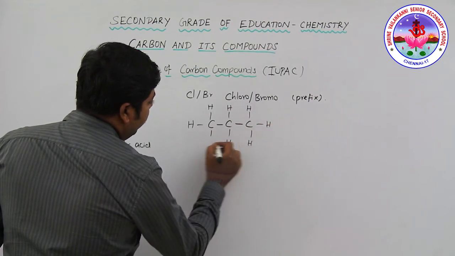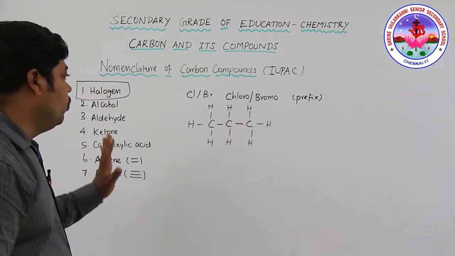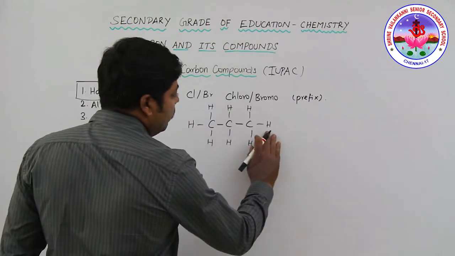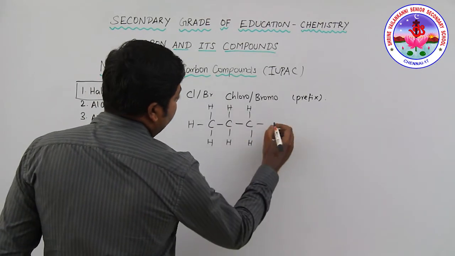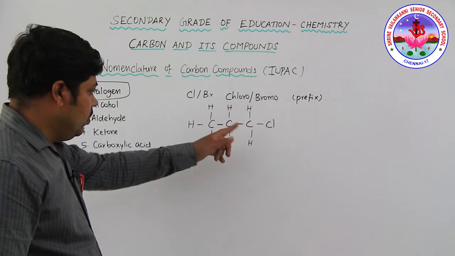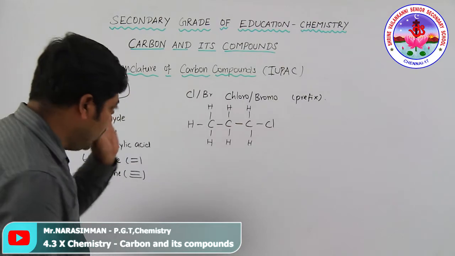Now remove one hydrogen atom and add the appropriate group, here a halogen. Adding chlorine, the name is chloropropane. The number of carbon atoms is 3, that is why propane.